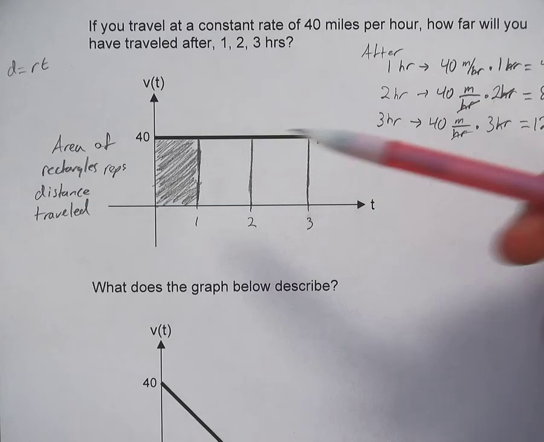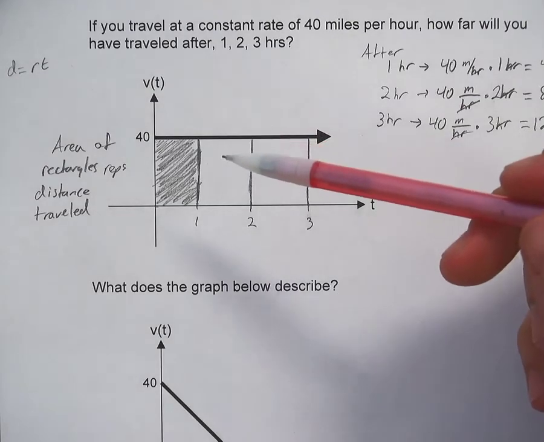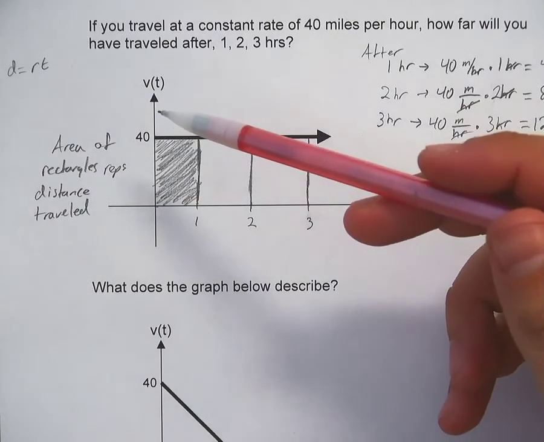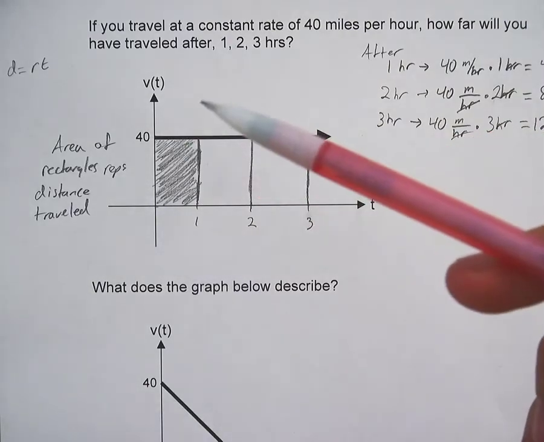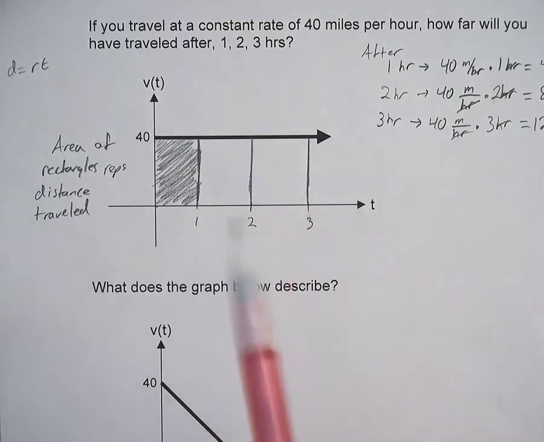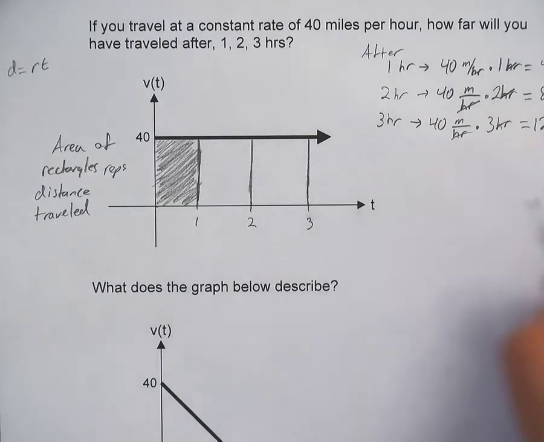All right. Now, what's the relationship between velocity and, well, you know what? I'm going to save that question for after we do this one. I want you to just do this real quick.